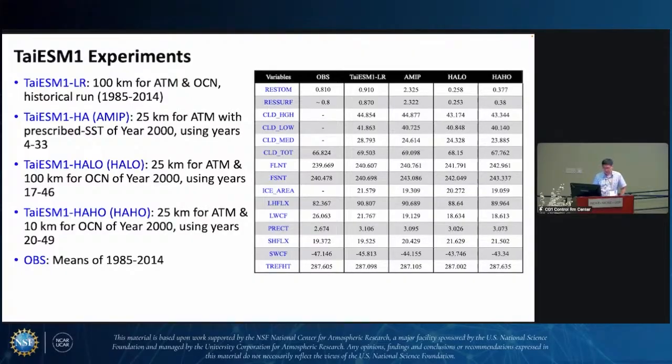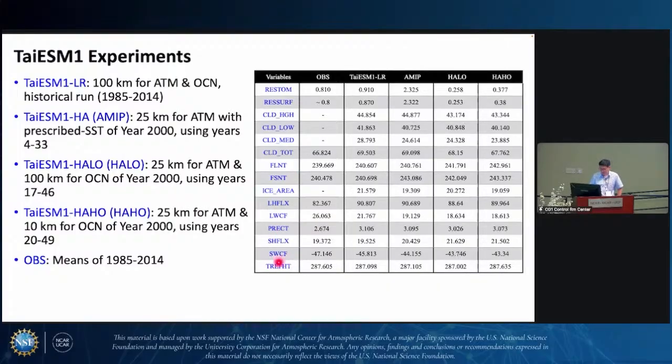And the other one is, of course, the high-resolution atmosphere and ocean, using a 25-kilometer atmosphere and a 10-kilometer ocean, and then compared to observation. The table on the right-hand side shows the global mean of these variables.